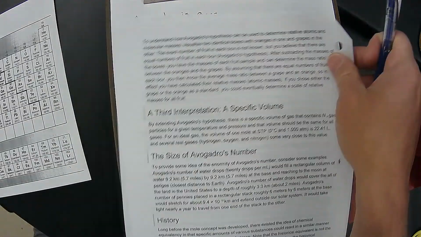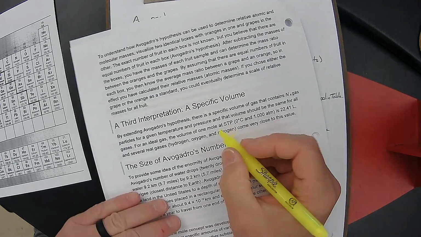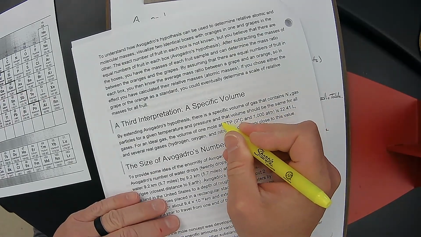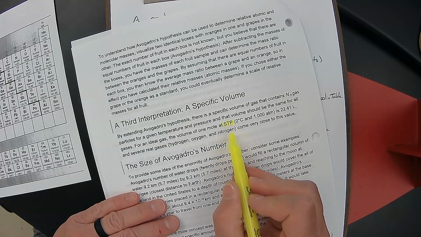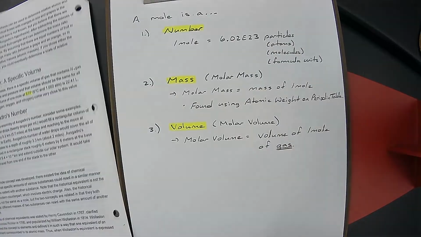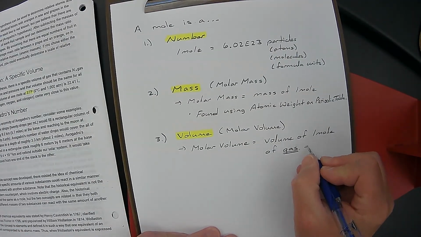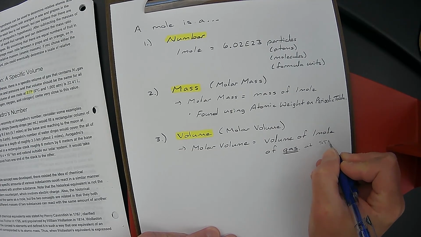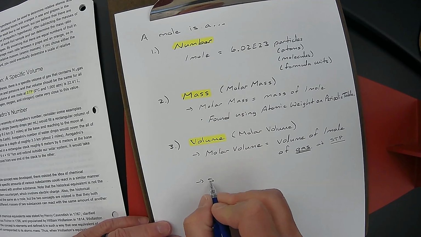When I look at my article, it looks like it's a gas at what they call STP. STP stands for standard temperature and pressure. So volume of 1 mole of gas at STP.